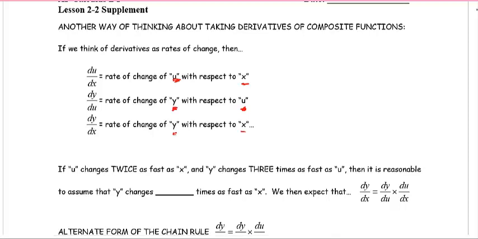Now, think about this. If u changes twice as fast as x, that's like this, and y changes 3 times as fast as u, that's this, then it's reasonable to assume that y changes how many times as fast as x? If you think 2 times as fast, then 3 times as fast.